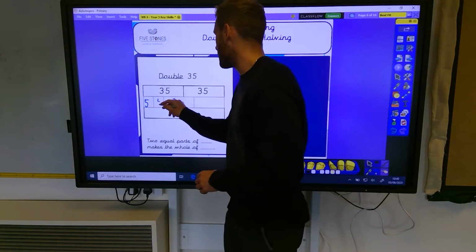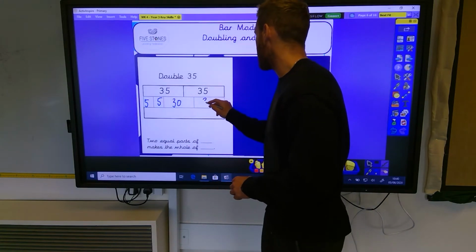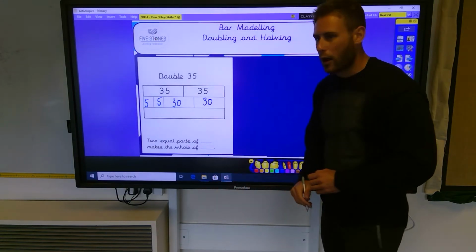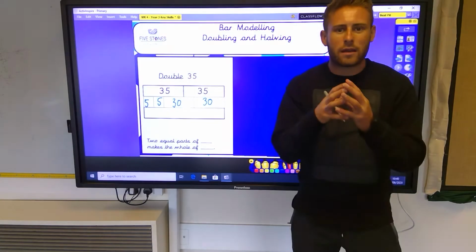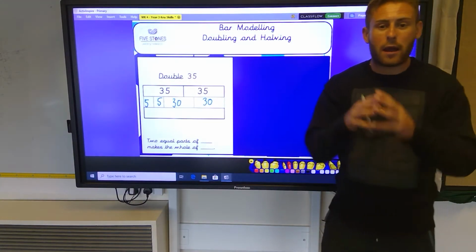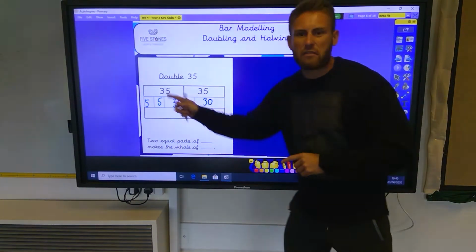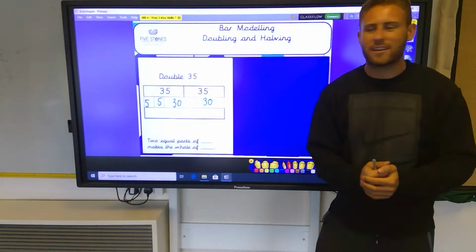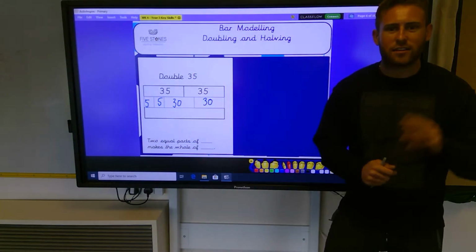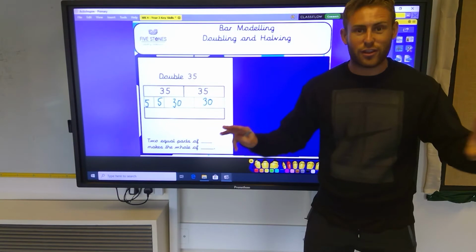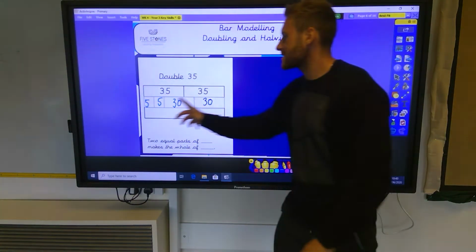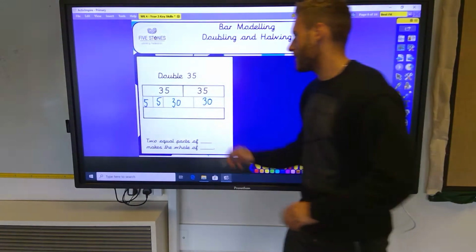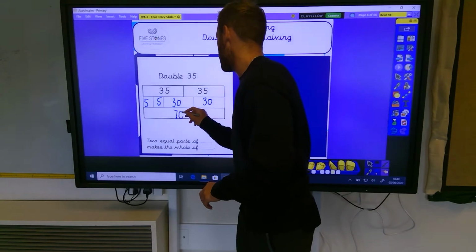We're going to partition that into 5 and partition that into 30. And now we're able to combine them into easy amounts so we can work in our head. 5 and 5 is 10. And 30 and 30 is, 3 and 3 is 6, or 30 and 30 is 60, 60 and 10 is, fantastic, it is 70.